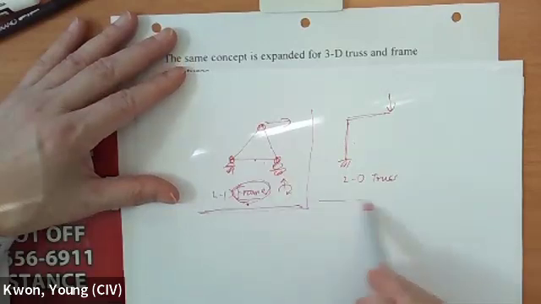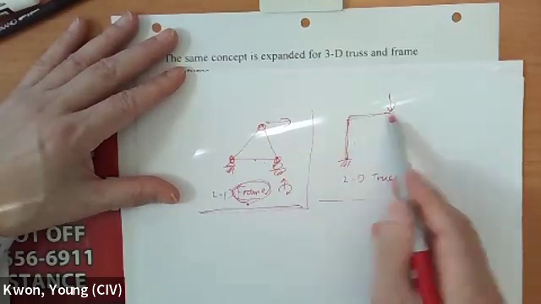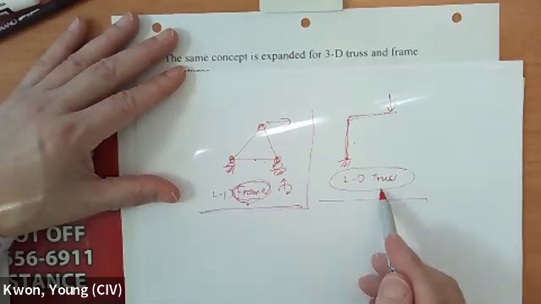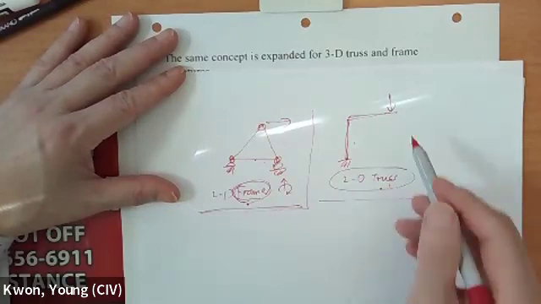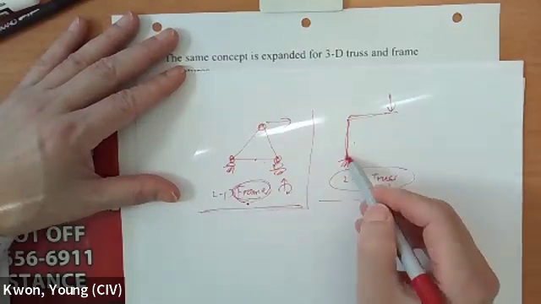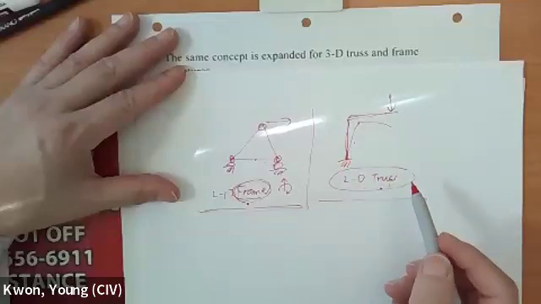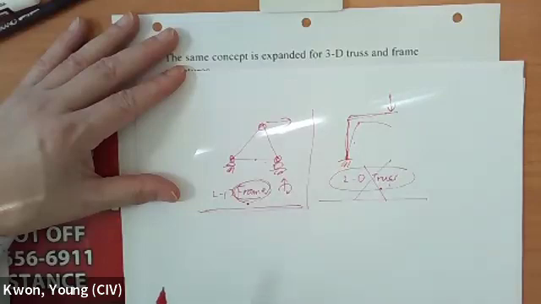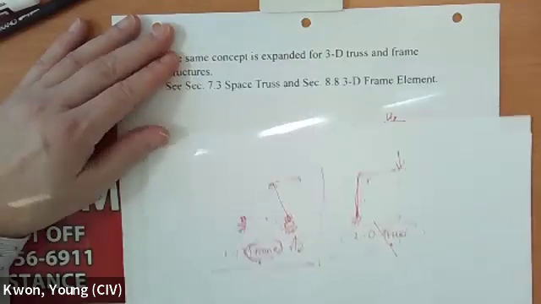Now the second part: this is the frame, but I'm going to use the truss element. Then this is not acceptable because we cannot represent the bending action, slope and moment. So that's not acceptable. Okay? Make sense?